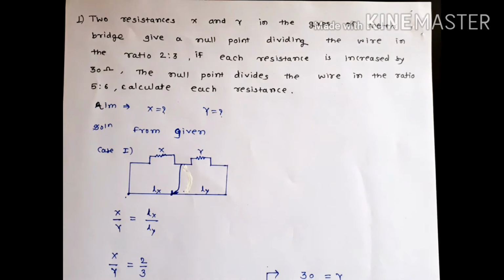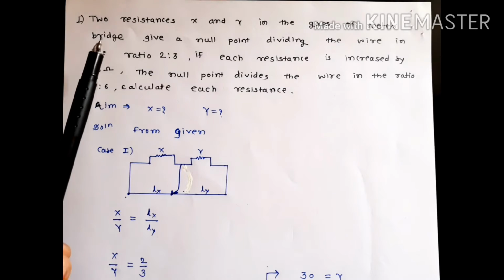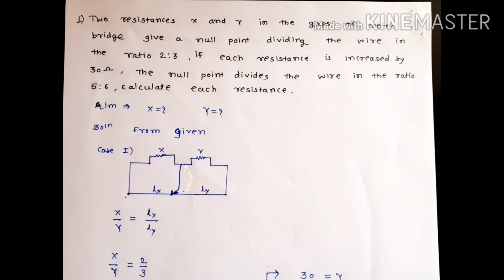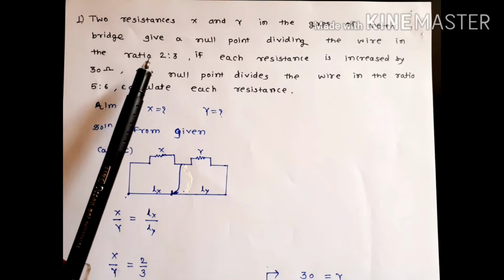Let us see some problems based on the meter bridge. See the first problem. The two resistances X and Y in the gaps of meter bridge give a null point dividing the wire in the ratio 2:3.